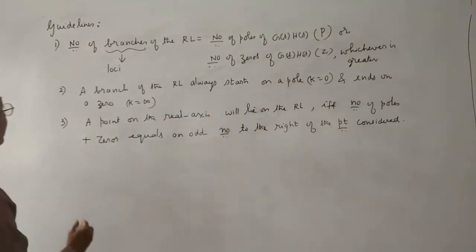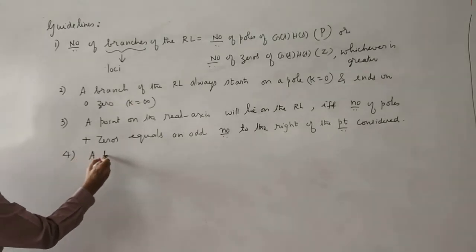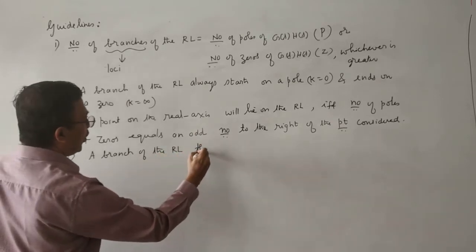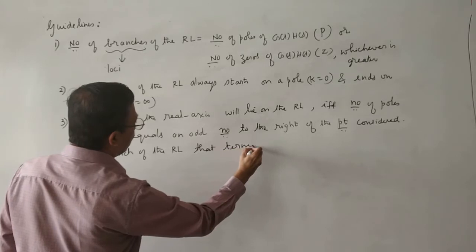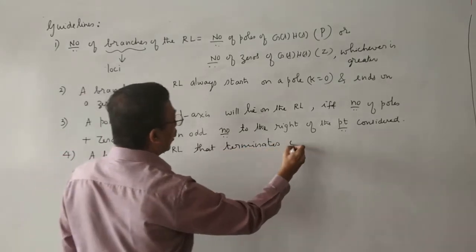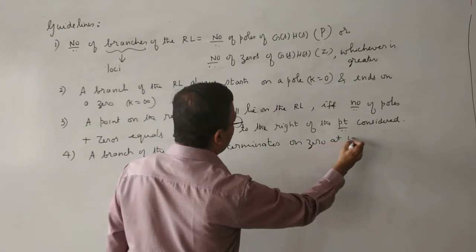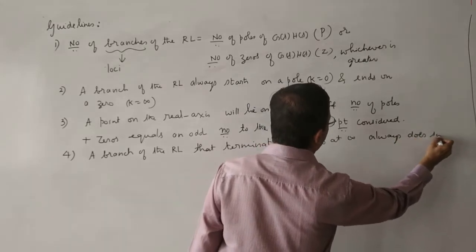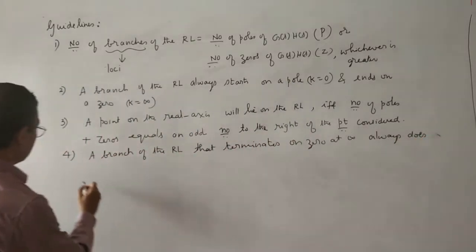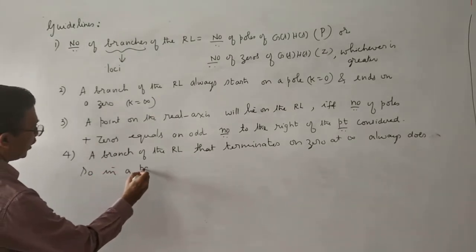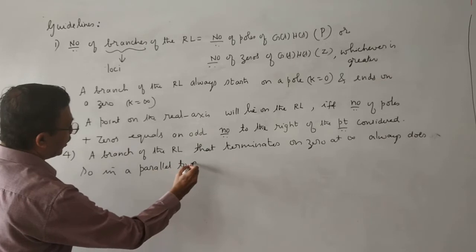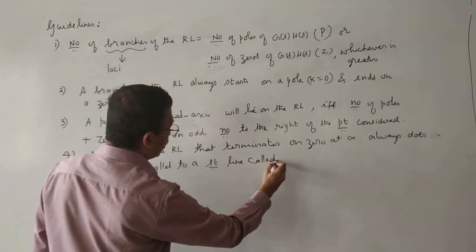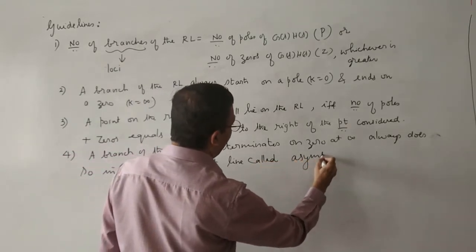Fourth guideline. A branch of the root locus that terminates on a zero at infinity always does so in parallel to a straight line called an asymptote.